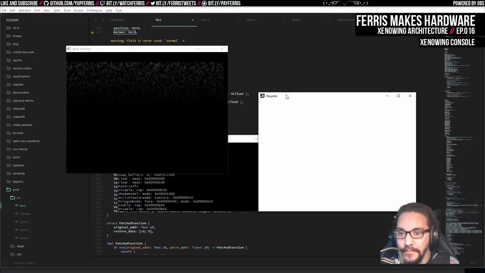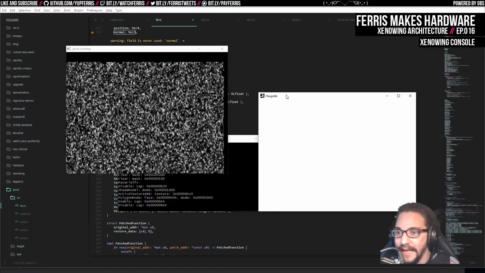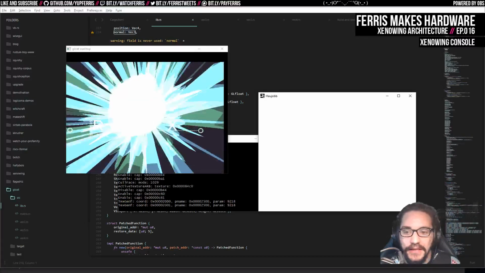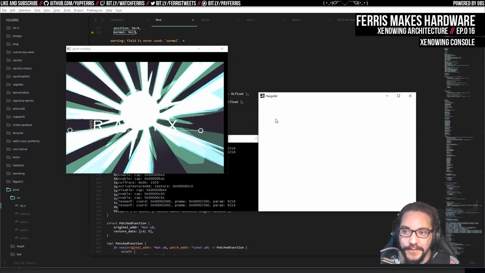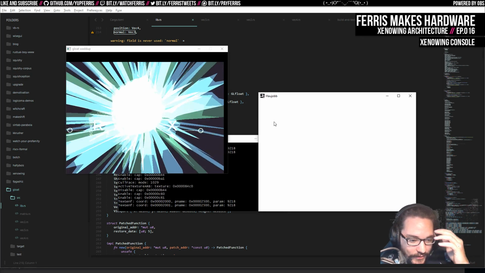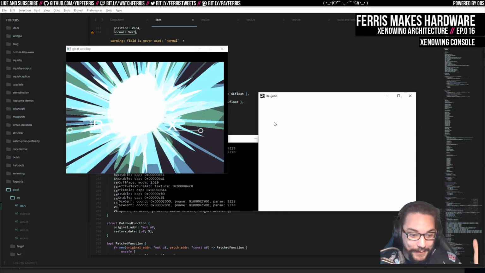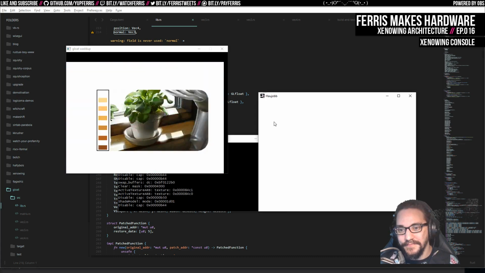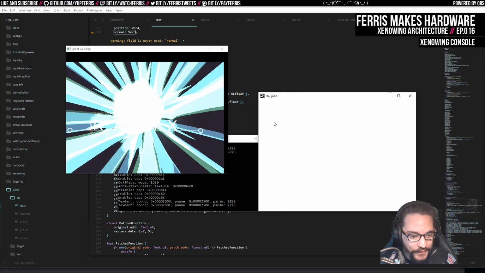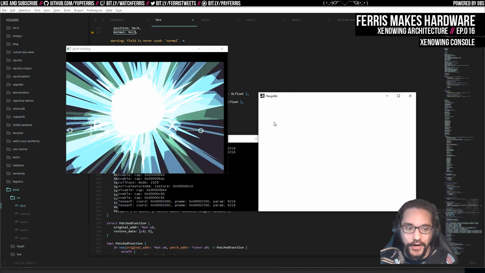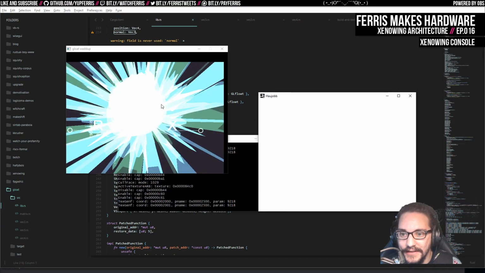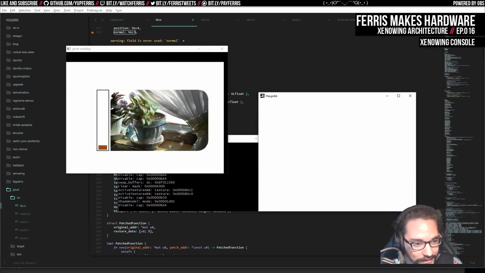Fixed point is difficult to wrap your head around if you haven't done it for an entire pipeline like this. But it's also something you can solve entirely in software, and once it works, the hardware is just going to work. That's what I like about it.